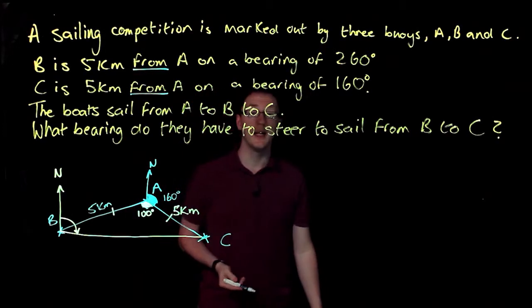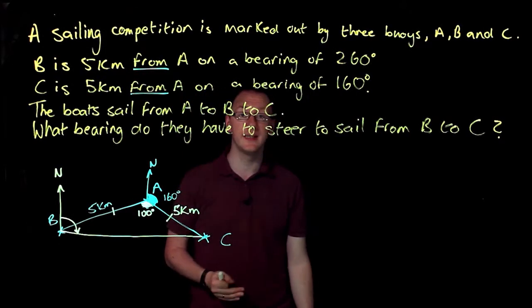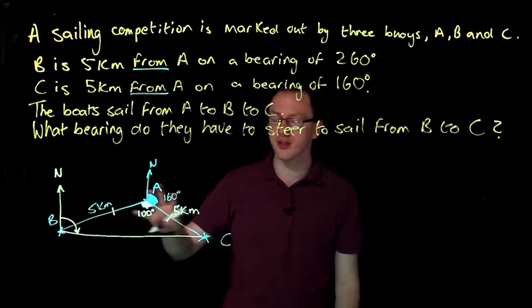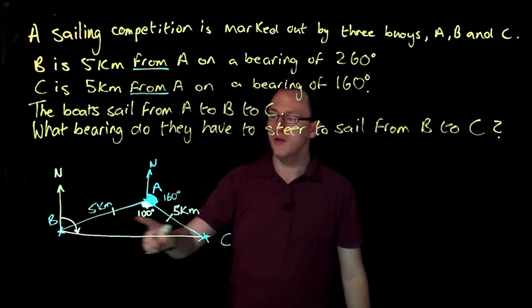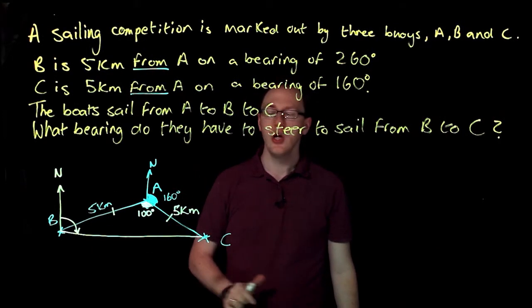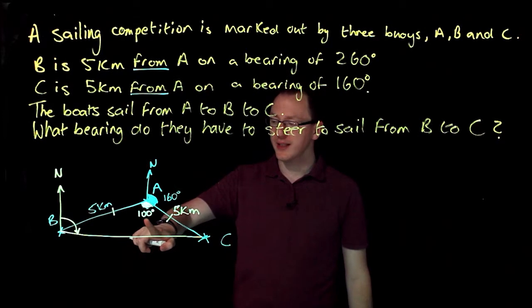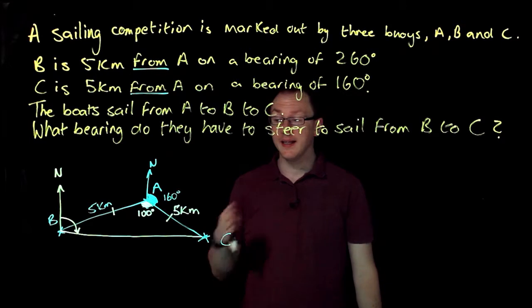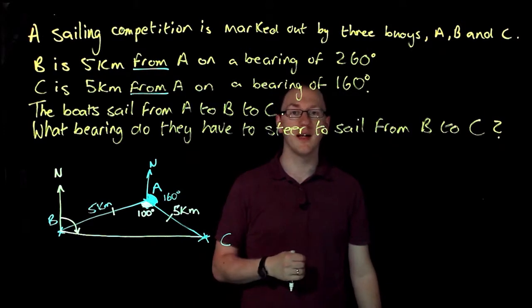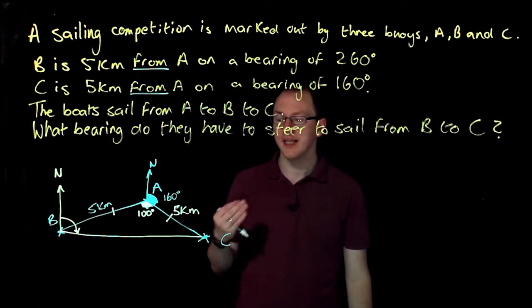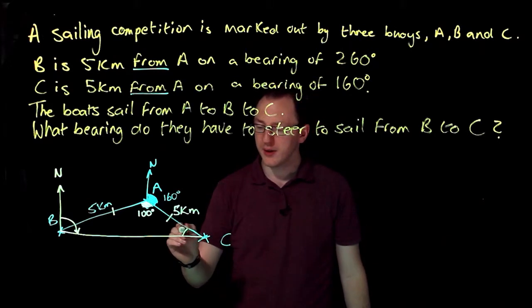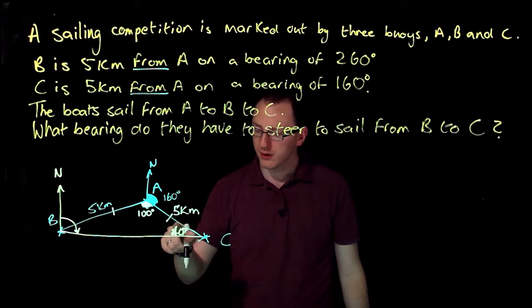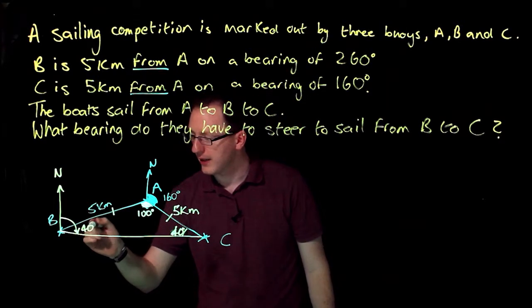A triangle with 2 equal sides makes me think isosceles, and isosceles triangles have the special property that the 2 base angles are equal. So if this is 100 degrees, then these 2 angles are going to be 180 take 100, because the sum of angles in a triangle is 180, which is 80, and halve it. So each of these is going to be 40 degrees.